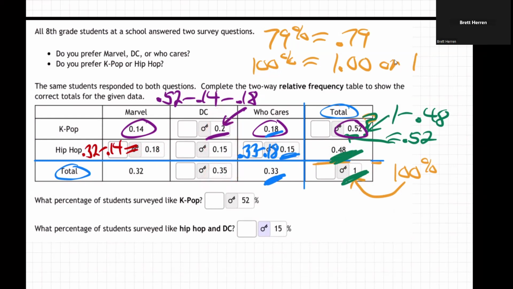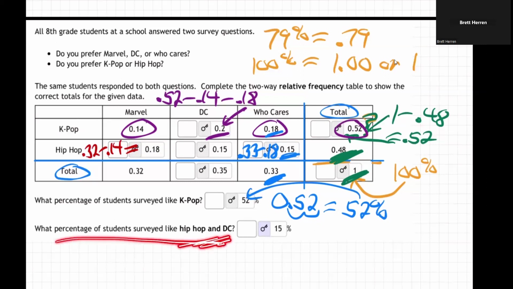All right, now finally, what percentage of students surveyed like K-pop? What percent like K-pop? Well, K-pop total 0.52. So 0.52, but you've got to move it 2 places to make it a percent. That's 52%. And then what percentage of students surveyed like hip hop and DC?